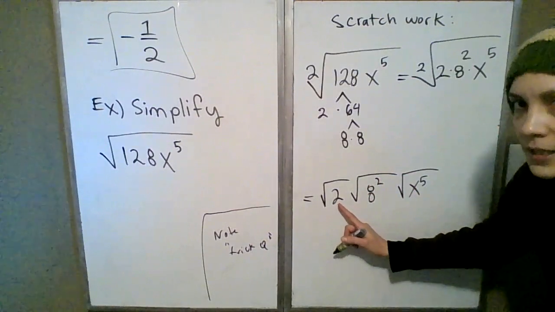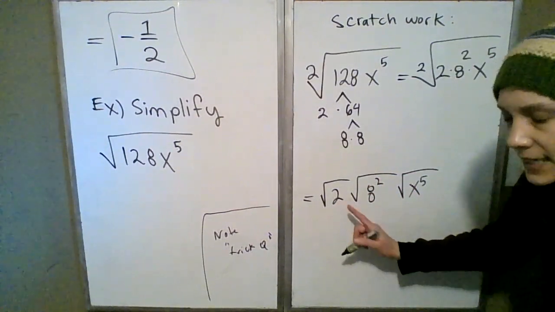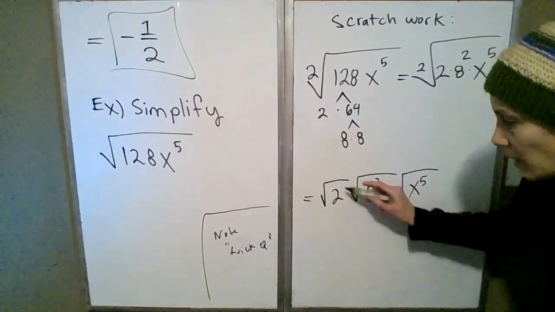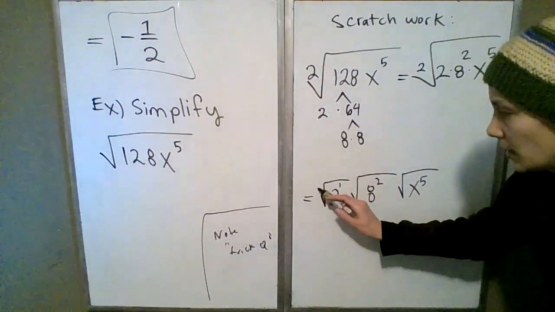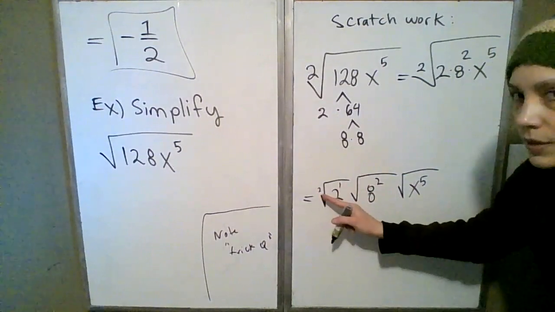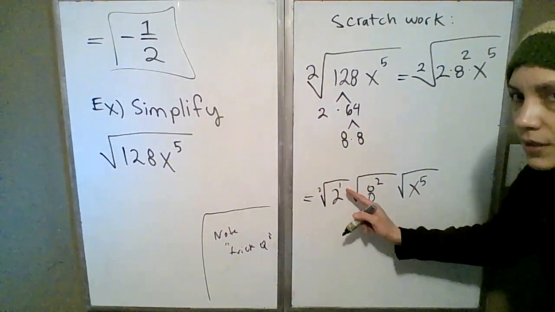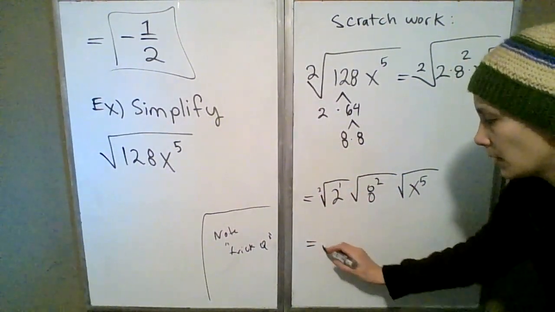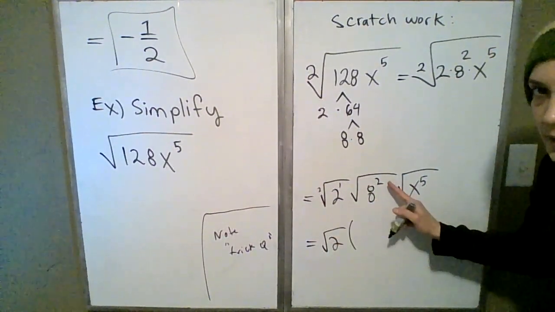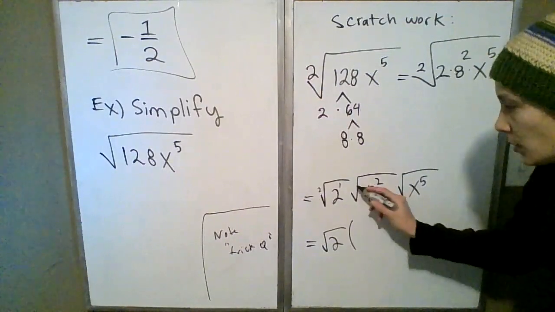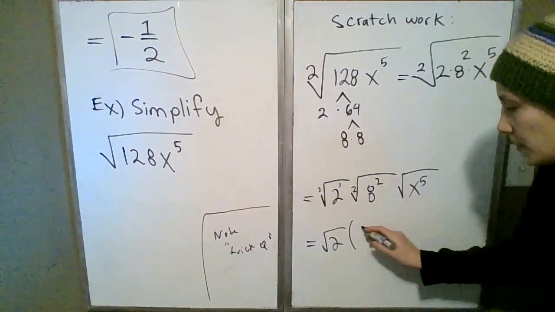So 2 is as factored as it can be, and its power of 1 is less than your root of 2. When the power is less than the root, you can't simplify this any further. So this stays here as root 2. 8 squared, that power 2 matches the root 2, so what's left is 8.